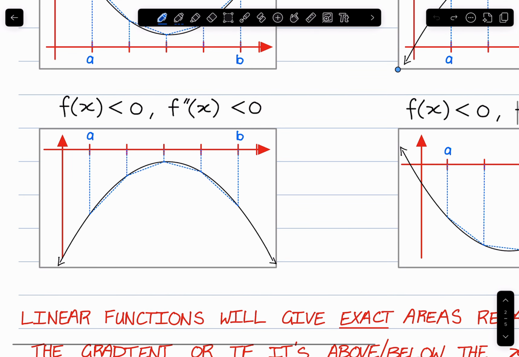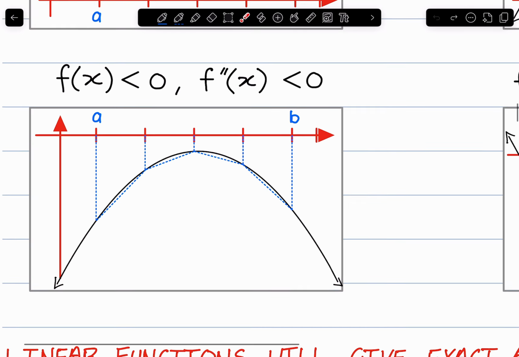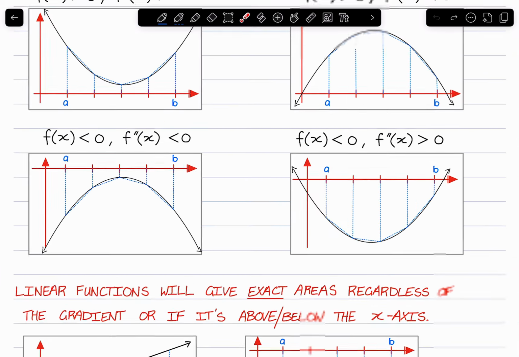But it is also an overestimation if it is concave down and the graph is entirely below the x-axis. Again, I hope you can see from the graphic here, this bit that I'm coloring in is the overestimation because we are calculating the area of that trapezium.